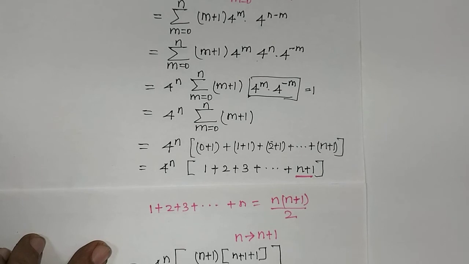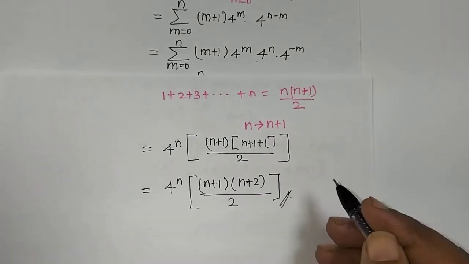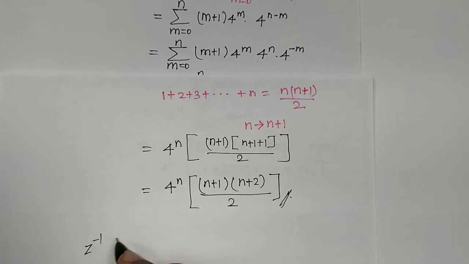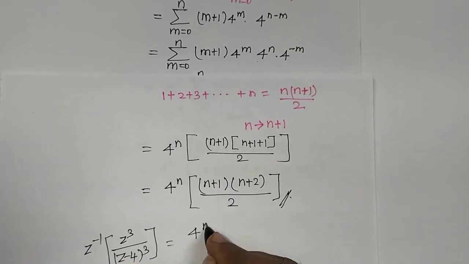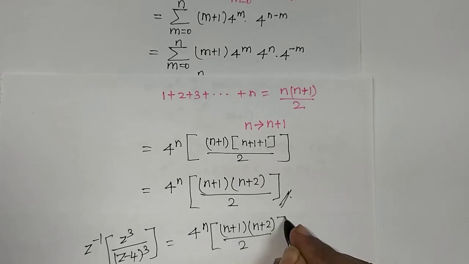So this is our final answer. So z inverse of z cube divided by z minus 4 whole cube is equal to, our answer is 4 power n plus 1 into n plus 2 divided by 2. Okay.